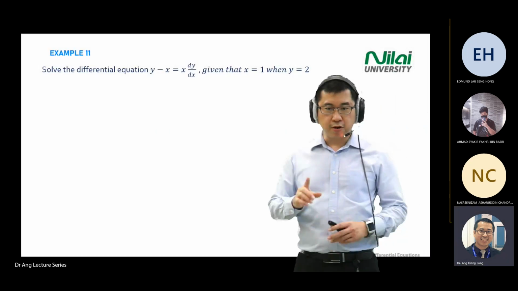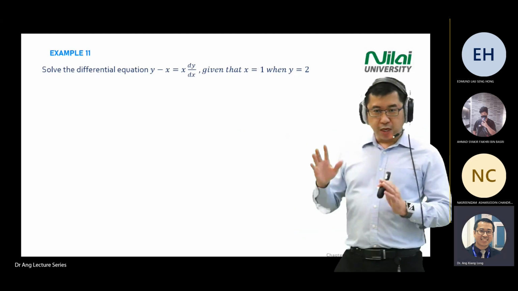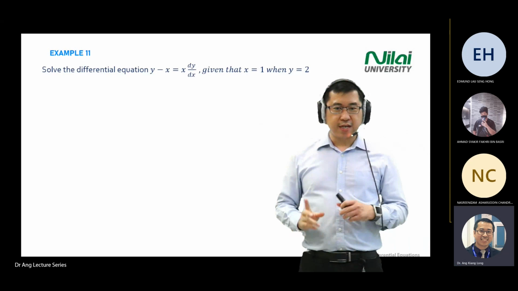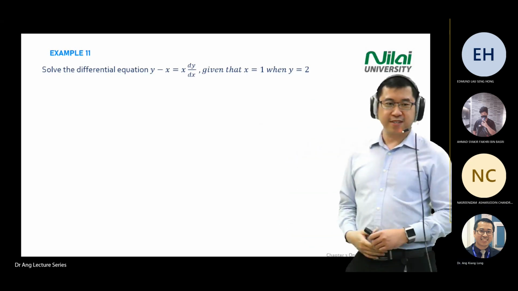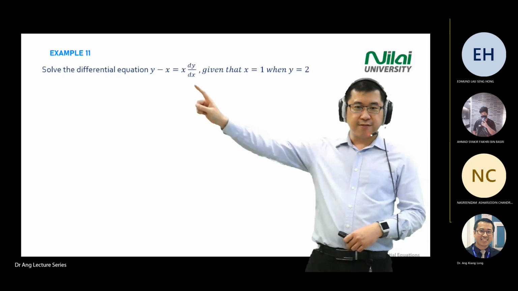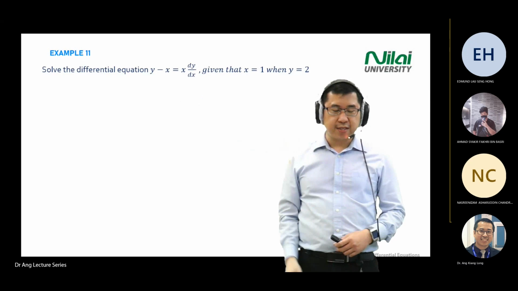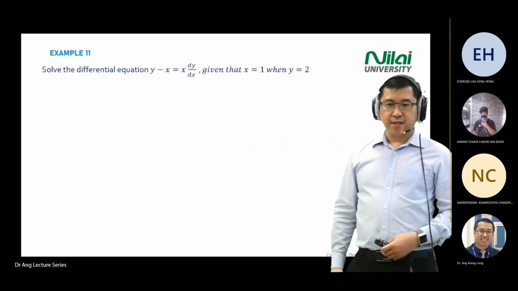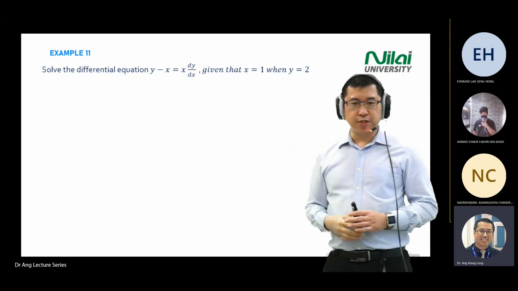How to solve a homogeneous equation. Example 11. You look at the question and ask yourself, is this a homogeneous equation? You have y minus x equal to x dy/dx. Nizam, why is this equation homogeneous?